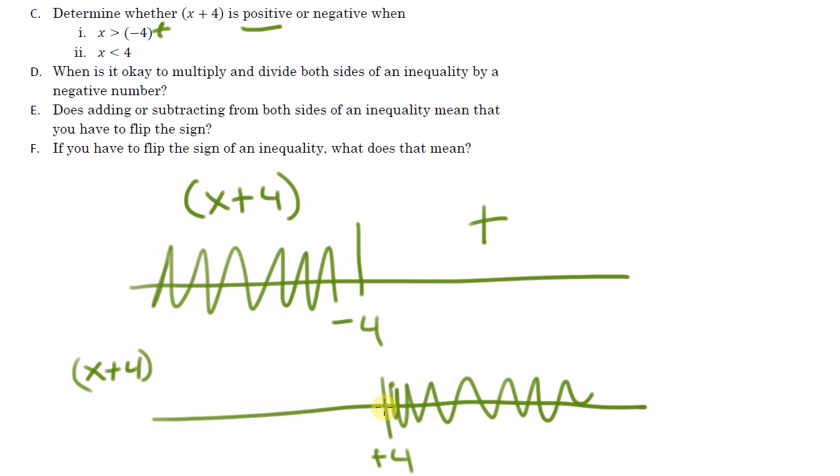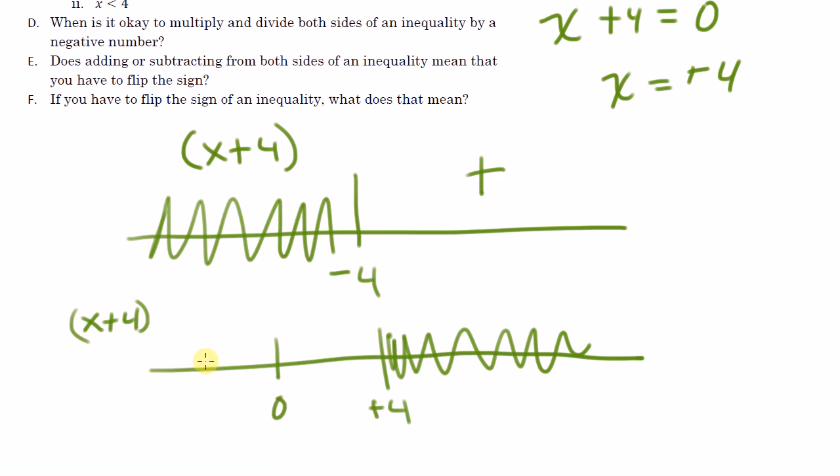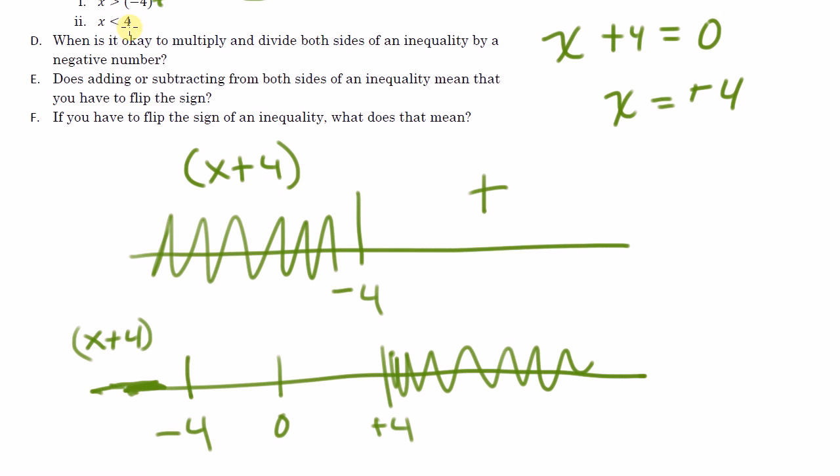So I'm going to put a 0 here. Let's see, x plus 4, set that equal to 0. X is equal to negative 4, we get a 0. So this is negative 4. And what I want to know is what happens when x is less than 4. So we're not going to infinity.